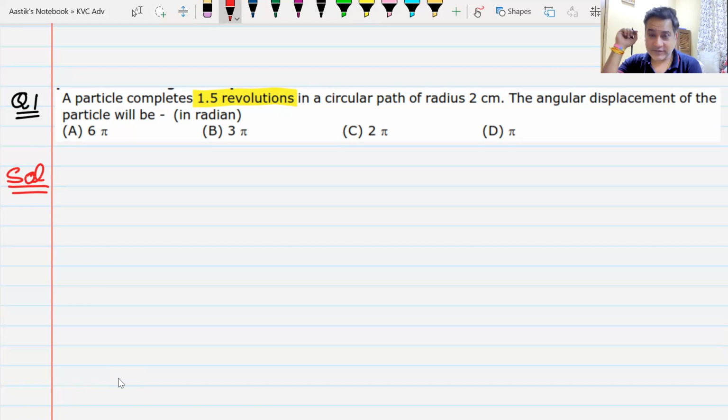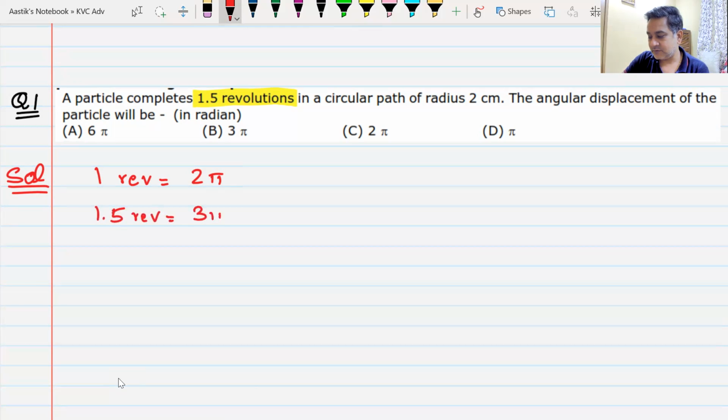See, you make your life so complicated. Physics is so simple. It is more simple than life. We must understand that one revolution is equal to 2 pi. So 1.5 revolutions is equal to 3 pi. My kid in standard 2 can multiply 2 by 1.5 and get 3 pi.